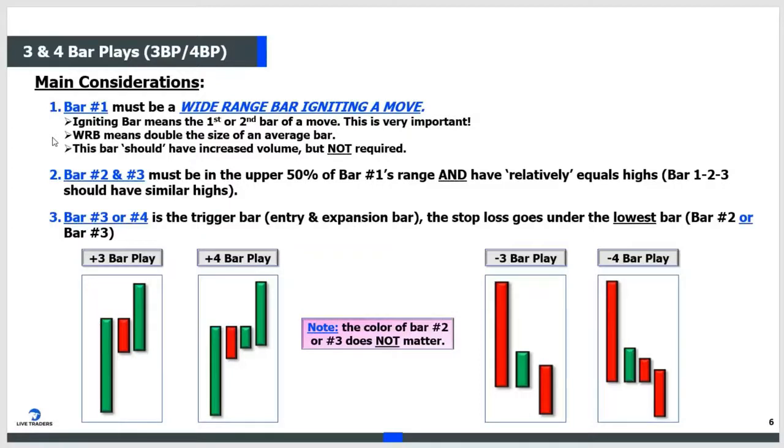Okay? All right, so one of the things that's also important, guys, and John, I was going to get to that later, but I'll get to it now. I actually have a slide over it. The wick is part of the bar. Unfortunately, none of these have wicks on them. You will see some examples. But the little topping tail, little bottoming tail is part of the bar.